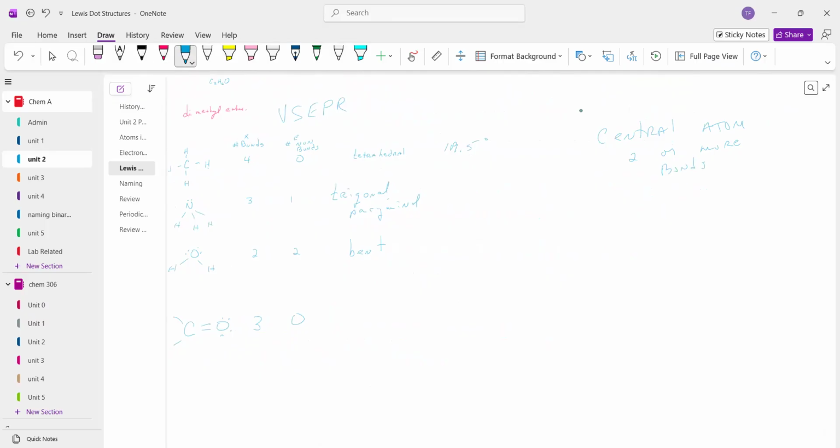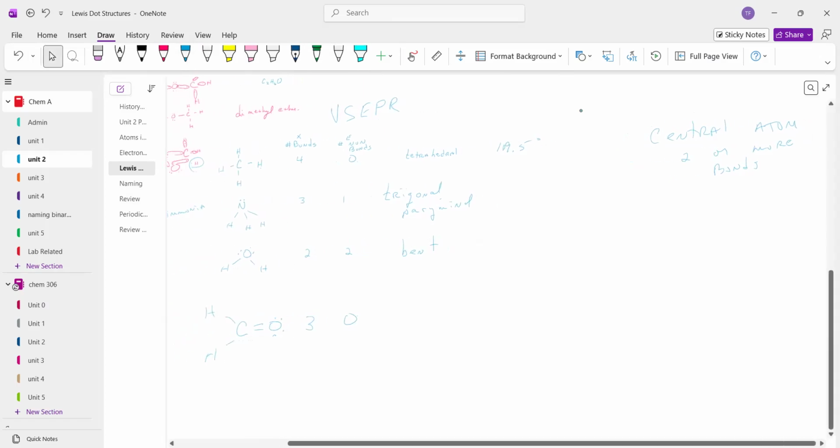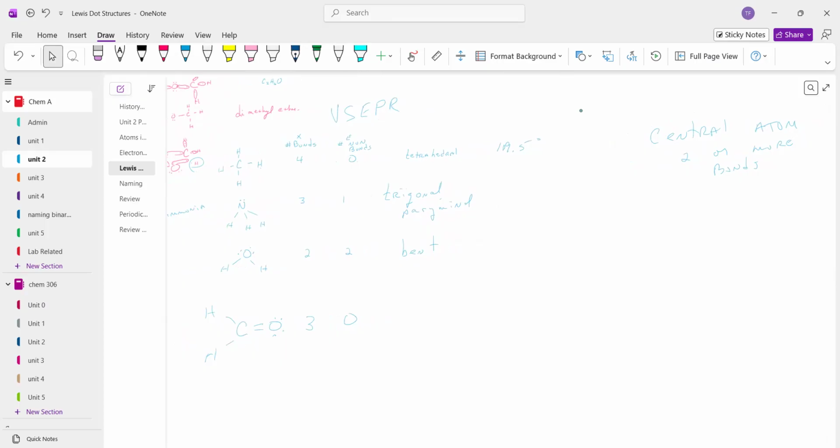A central atom has 2 or more bonds. So that's why the oxygen here is not a central atom. The only central atom we have here is the carbon. Hydrogens don't count because they only have 1. The oxygen has only one thing attached to it, carbon. So it's not a central atom.